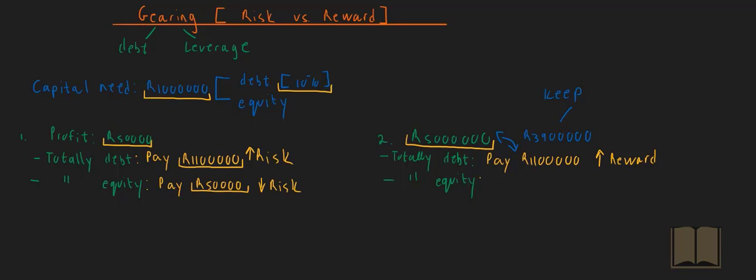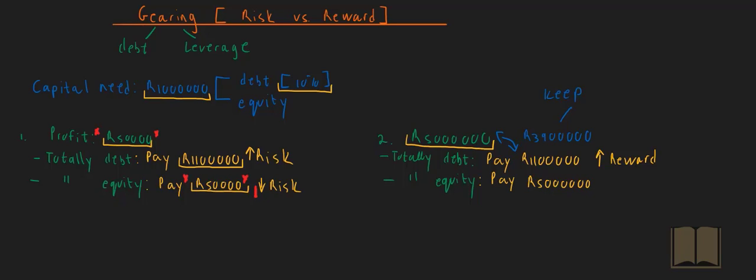However, if the business was funded totally by equity, then if you make 5 million Rand, there's a possibility that you need to pay to your equity providers 5 million Rand. So with equity, the equity providers get to share in the downside risk. So if you make only 50,000, you then only need to pay them 50,000.